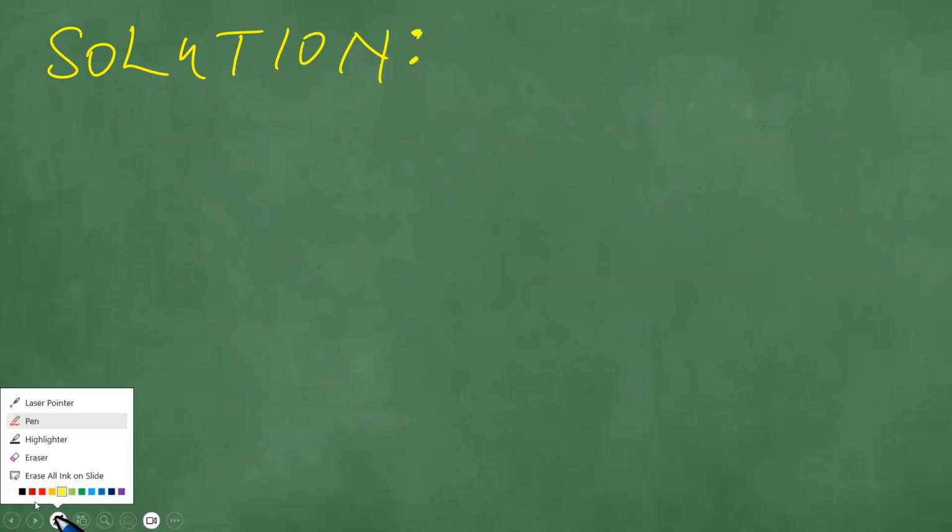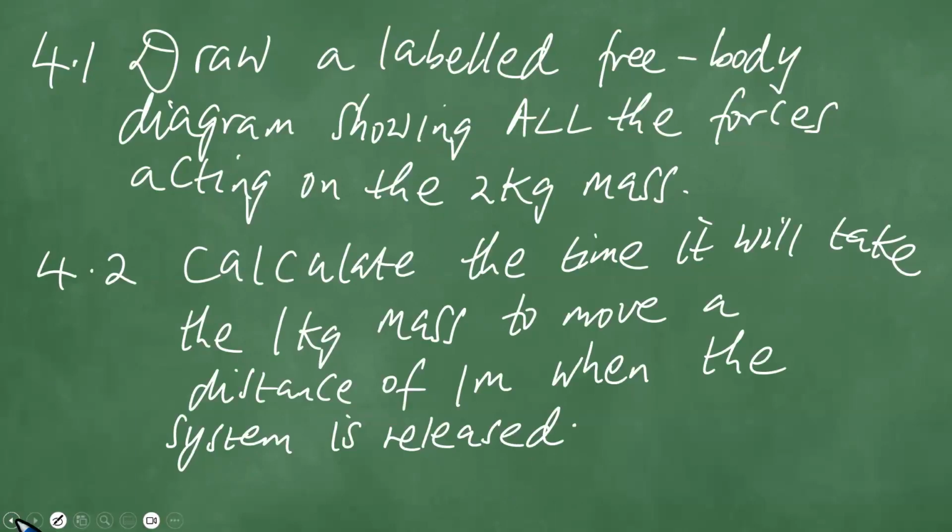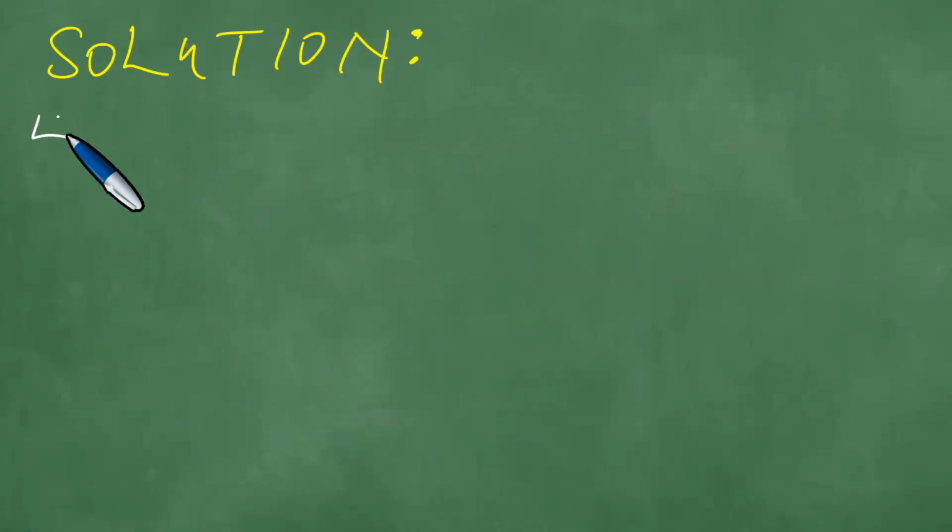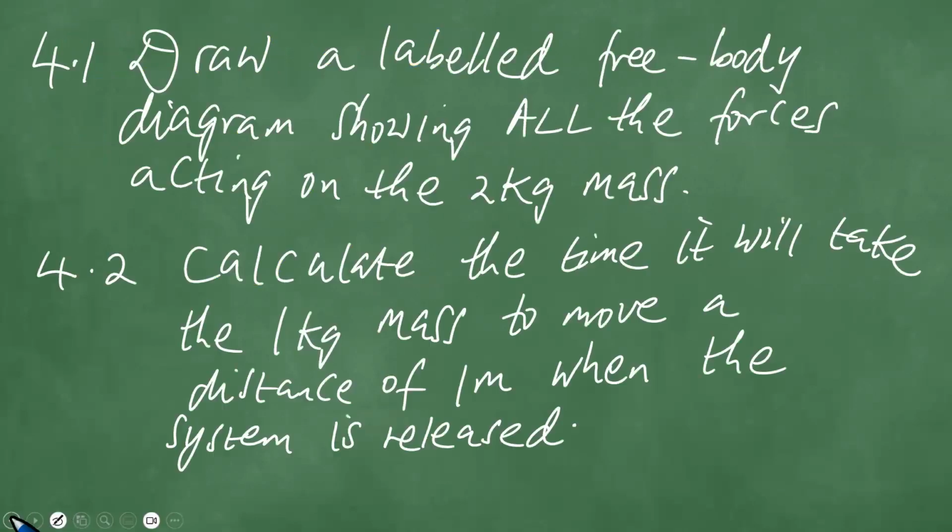Part 1, 4.1. Draw a labeled free body diagram showing all the forces acting on the 2 kilogram mass. Let's look at that.